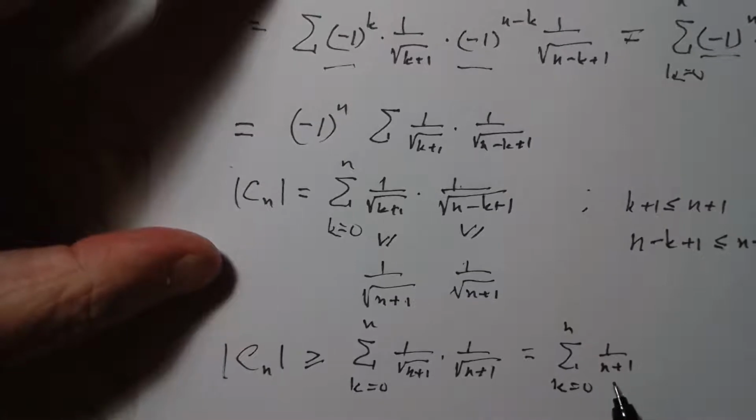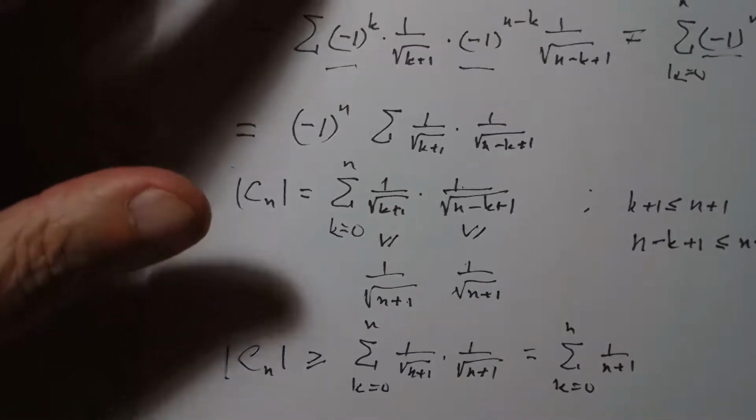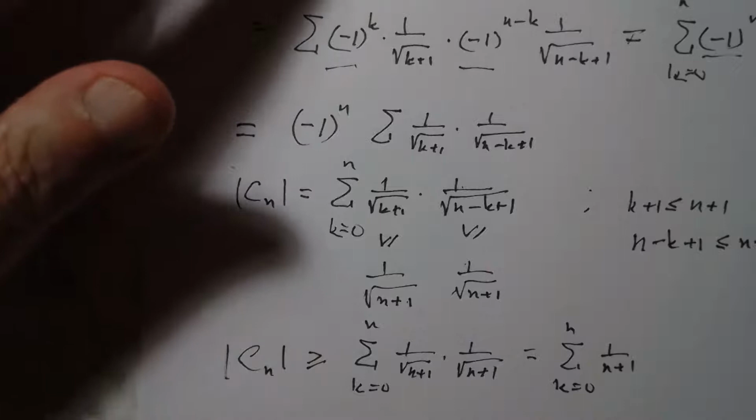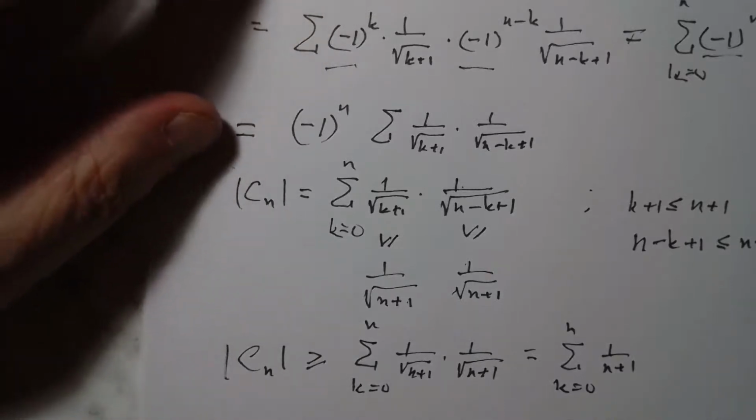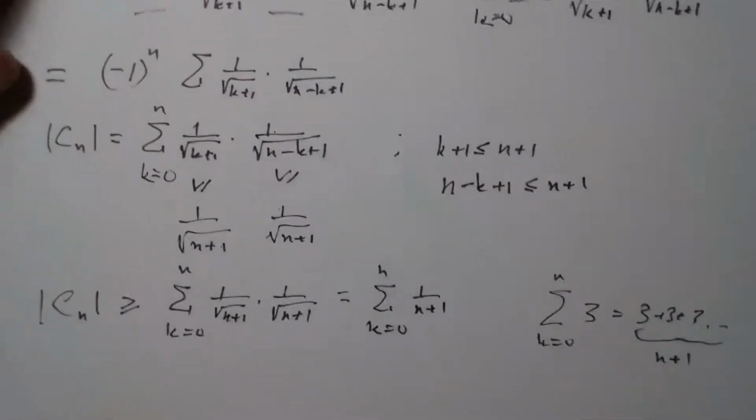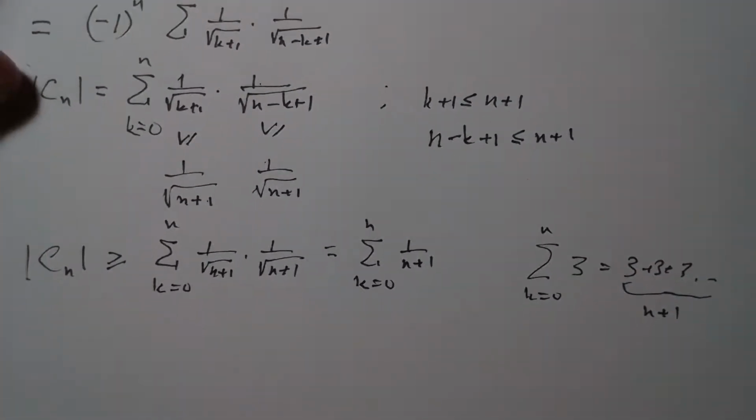Now, this number over here, 1 over n plus 1, has absolutely nothing to do with k. In other words, if I sum, I don't know, 3, and k goes from 0 to n, then I will have 3 plus 3 plus 3, n plus 1 times. And so all I will get as a result of it, I'm trying to make sure that you can see it, is 3 times n plus 1.